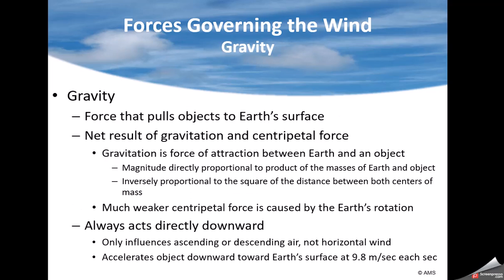There's another force, gravity. So you understand this, gravity is made up of two parts on a rotating Earth like we are. Gravity is the attraction between objects. All that is saying is the atmosphere, the air, is attracted to the Earth. They're pulled together.